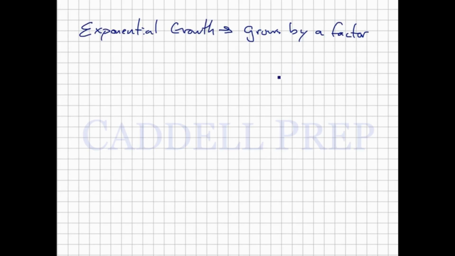So you keep multiplying by certain numbers to get a new value. So this could be, for example, compound interest. So each month you might grow by 8% or 0.8% or some value compared to the previous one.